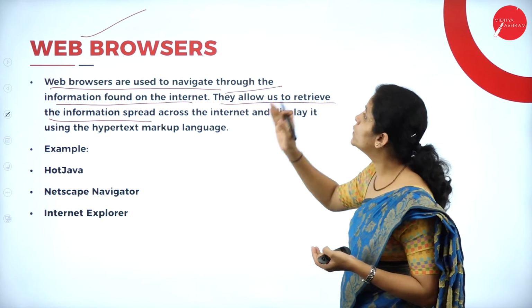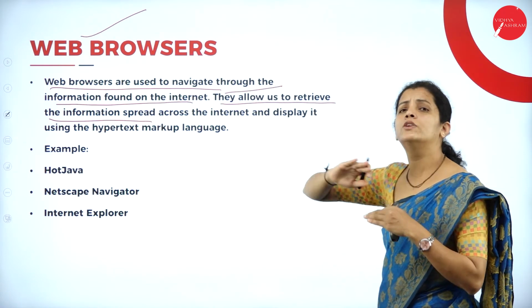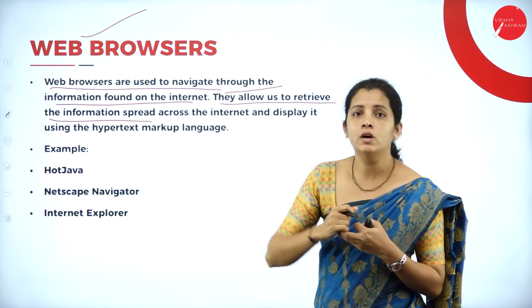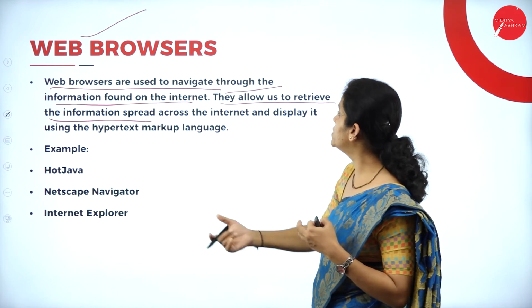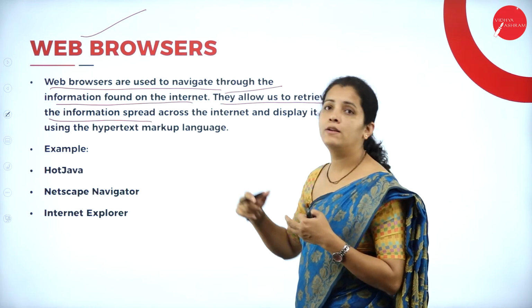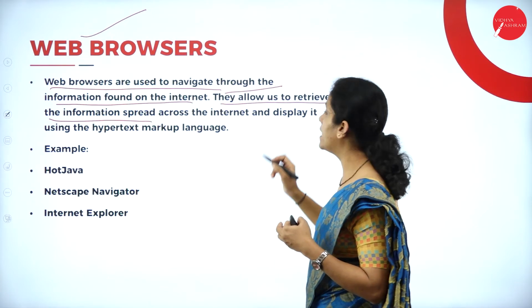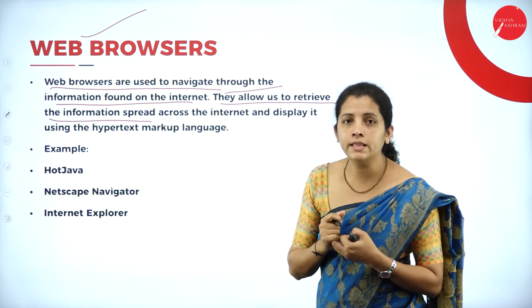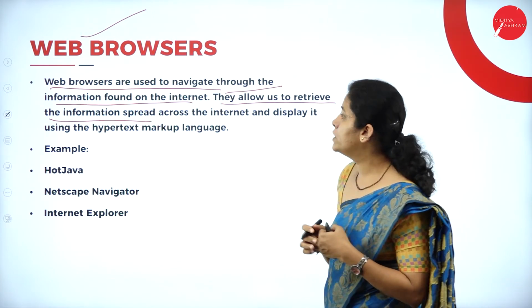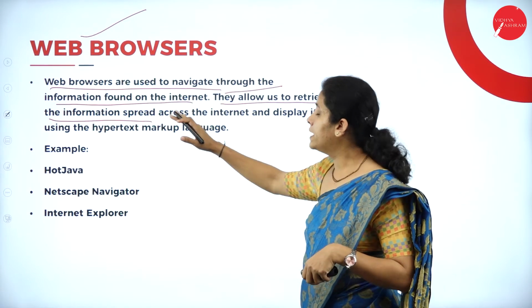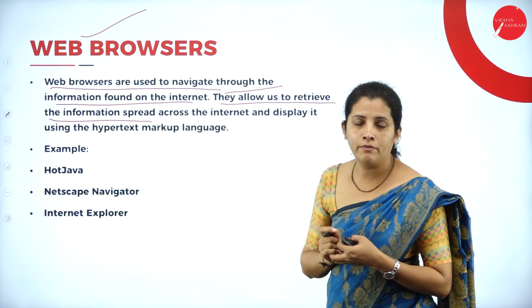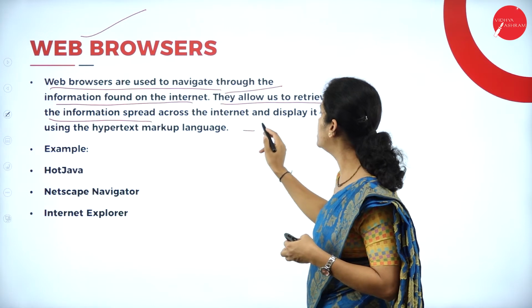That means by using a web browser, the user can retrieve the information which is available on the internet, and it's possible to display the information by using hypertext markup language, that is nothing but HTML.